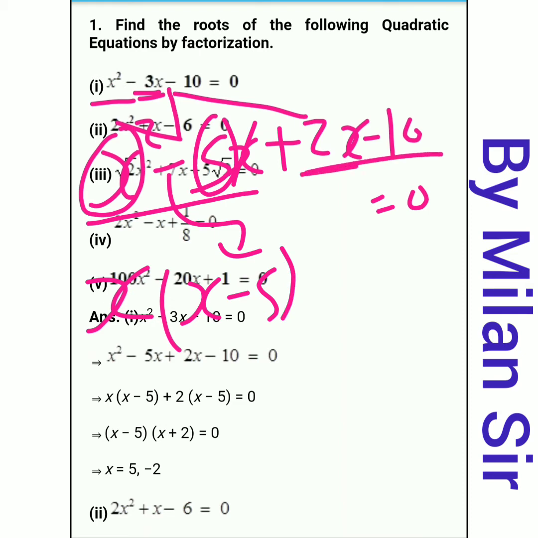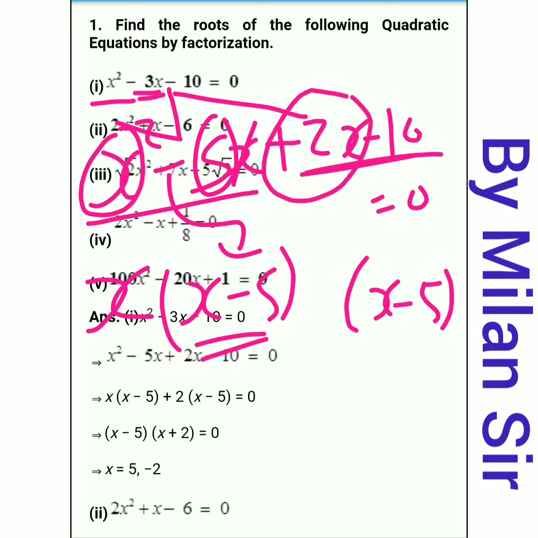Now for the last two terms, before that we can directly put this bracket here, x minus 5. Then we look at the third term, plus 2x. Here x is present in the bracket, so we need to write plus 2 before the bracket.